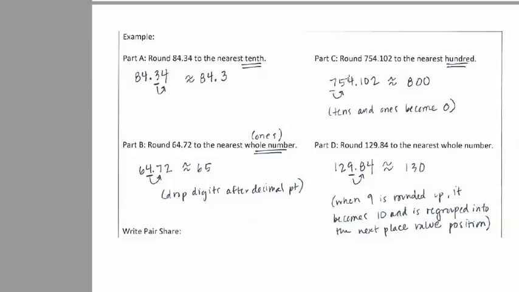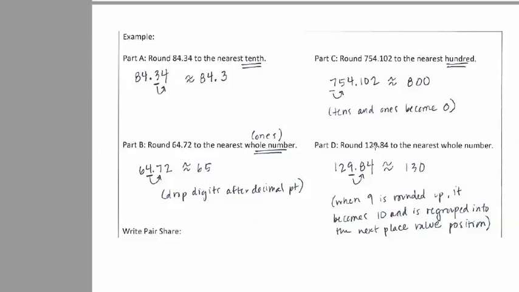This 7 represents 700, so now I'm rounding up to 800. The tens place becomes a 0, the ones place becomes a 0, and I can drop the digits behind the decimal point, so that this 8 actually represents 8 hundreds and not 8 ones.